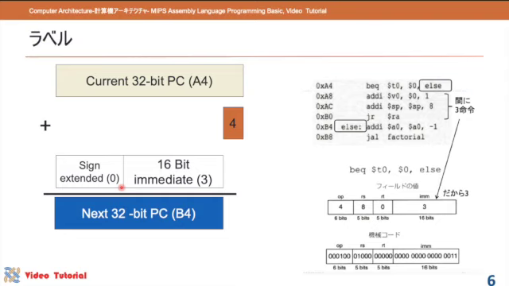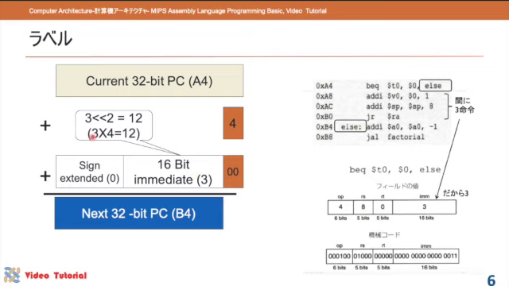Okay. So we got these, and always the last 2 bits of any MIPS address are 0. Now we need to conclude with the B4. So what we have to do is shift this 3 by 2 bits.